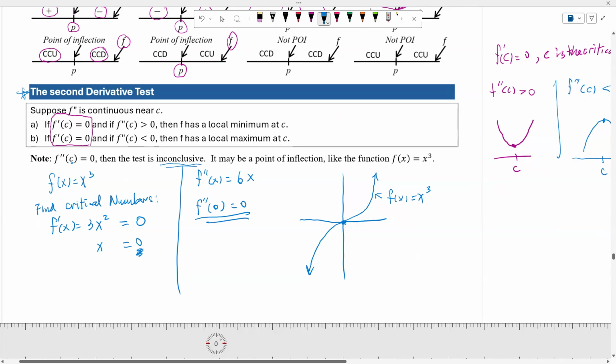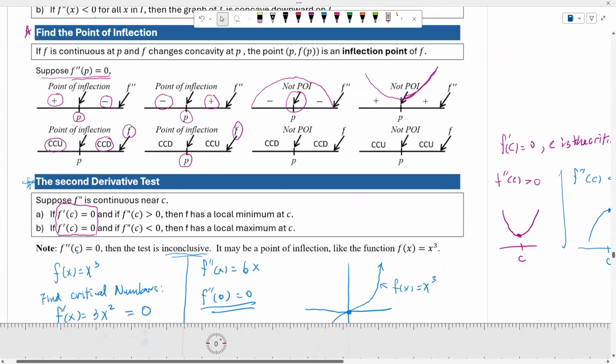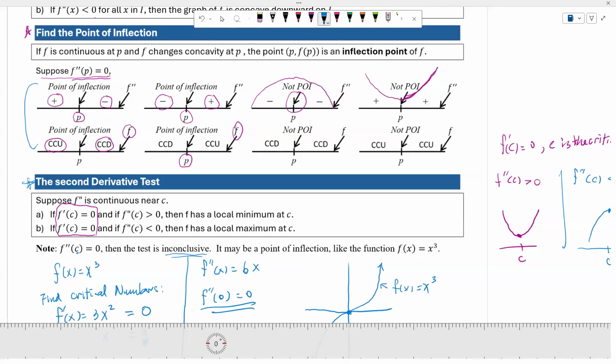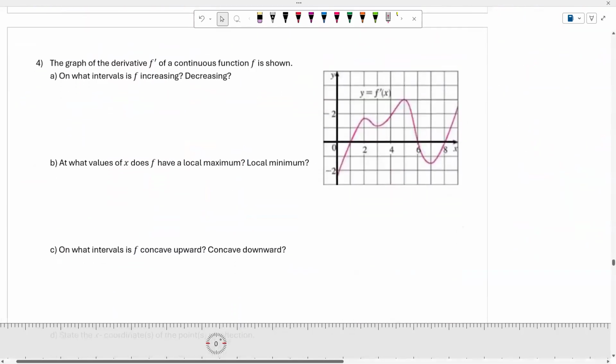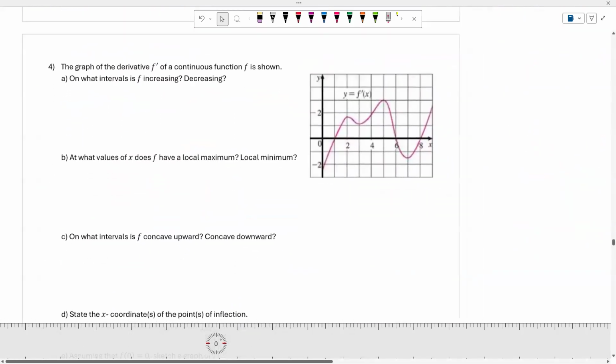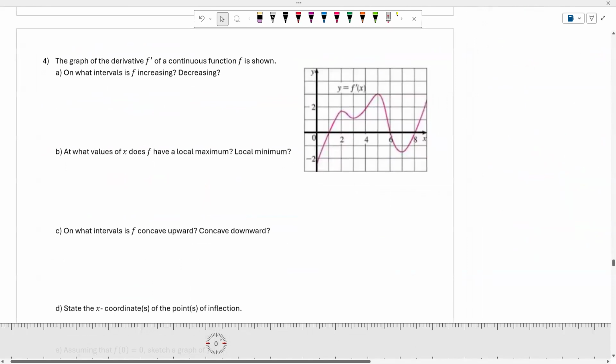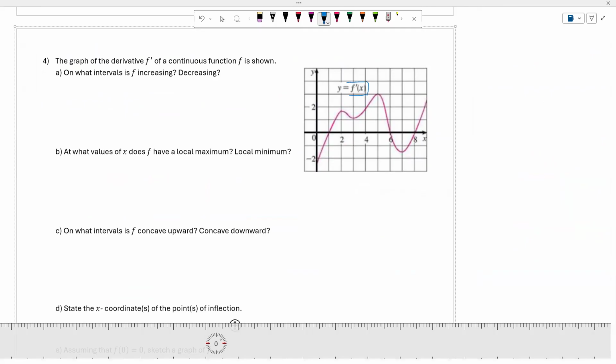Then probably we need to work with this one right here. And now, this number 4, we would like to get it from f prime, and then we would like to try to graph the f function.